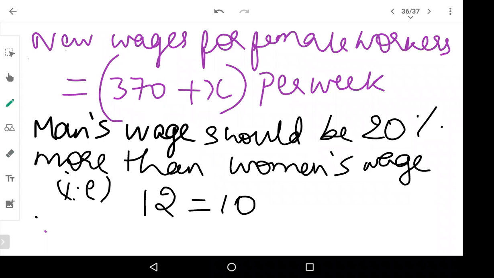Man is supposed to get more money than women. That is all they are trying to say. And what is the percentage? 20%. Now I can also write this in another way.